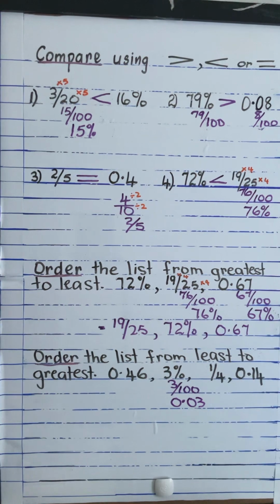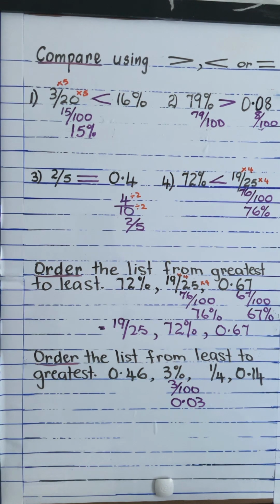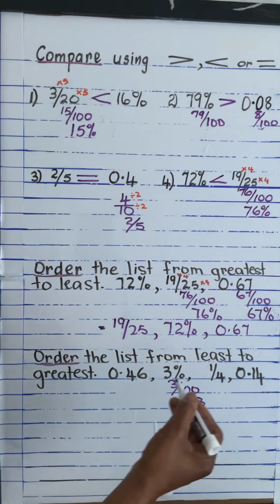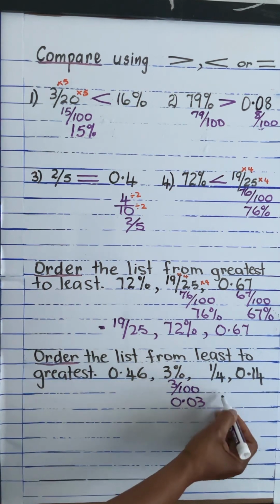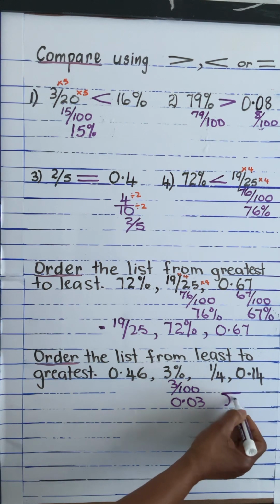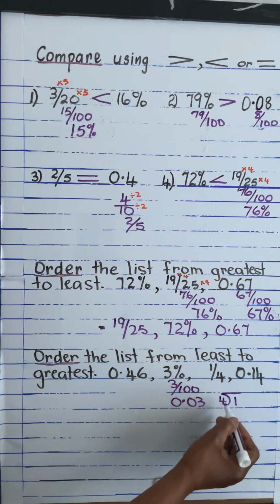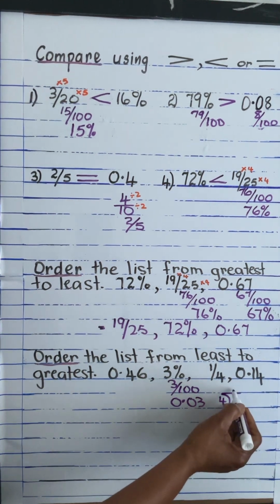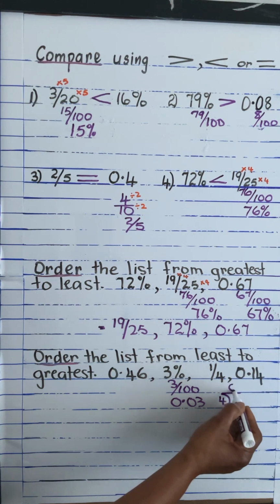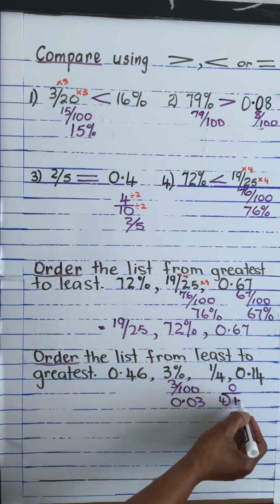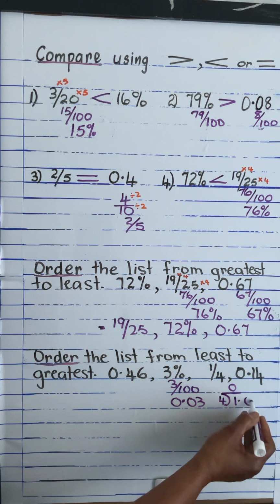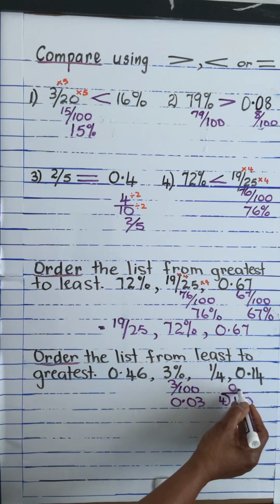Next, we have a quarter. How do we change a quarter to a decimal? We divide the numerator by the denominator: 1 divided by 4. How many times can 4 go into 1? 0 times. Put a point, add a 0, line up the point.